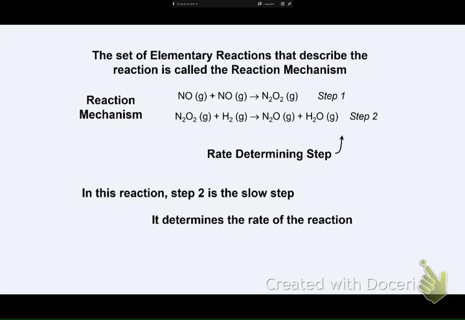I'm going to write it out. And this gets written as K, the overall rate constant for the reaction.